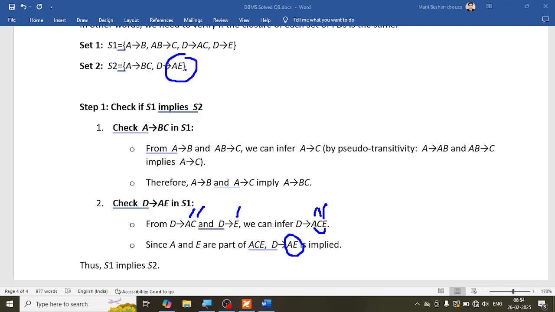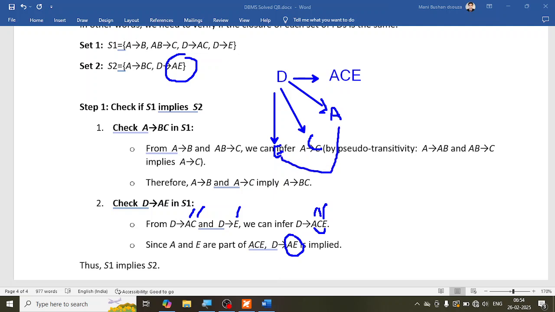So what is given here, don't get confused. What is given over here is D can derive ACE. So individually, D can derive A, D can derive C, as well as D can derive E. So D can derive any combination of them.